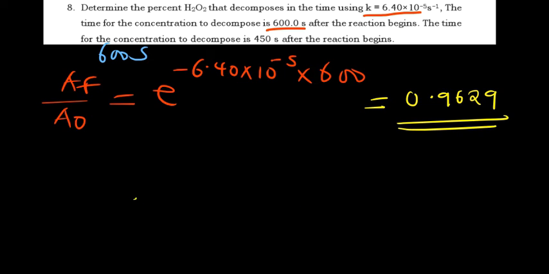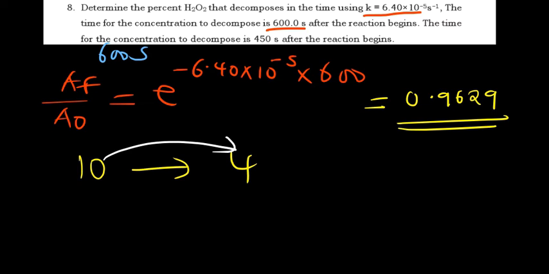So what does that mean? You found the ratio of the final to the initial, but now I want you to focus on the percentage that decomposes. Let's say you're at 10 and what remains after decomposition is 4.